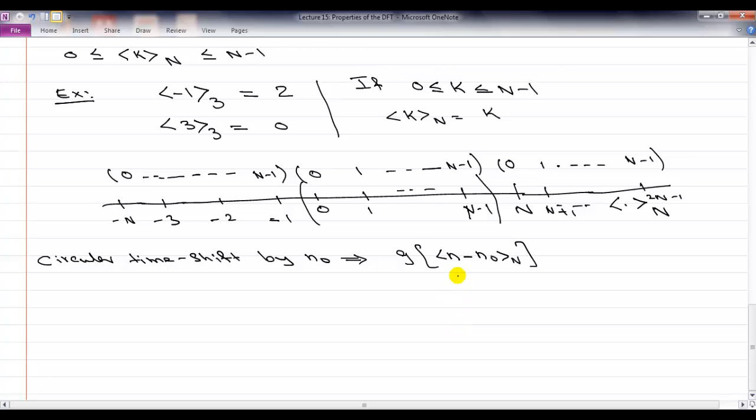So what happens is that when you do a circular time shift with mod n operation, this sequence has length capital N. Whereas when you do linear time shift, you get back a sequence which is of longer length. When you do a circular time shift, you get back the same length sequence as the previous one, because the only indices that are allowed range from 0, 1 up to n minus 1. So you can call this g tilde of n.